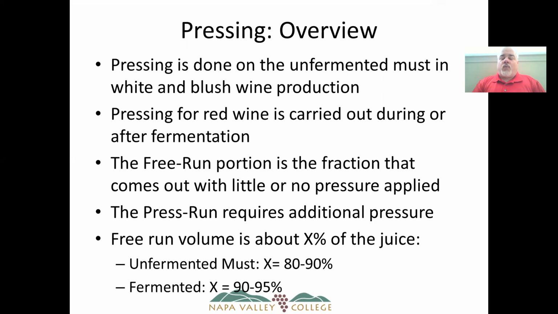And if you want to get the last 5 or 10% out, you've got to put pressure on it. And that last 5 or 10% of the juice coming from pressing is going to have additional phenolics and varietal characters.